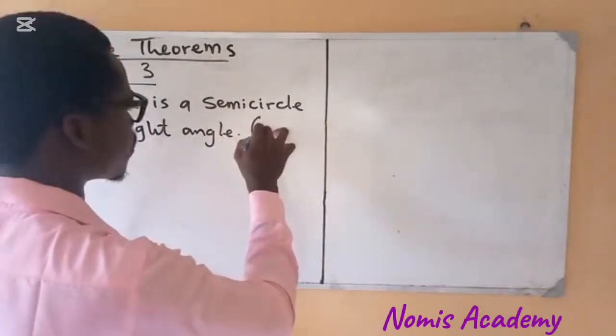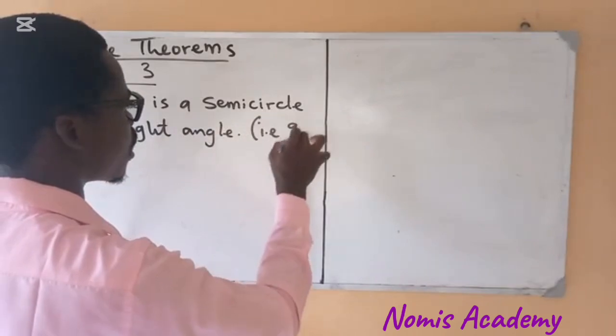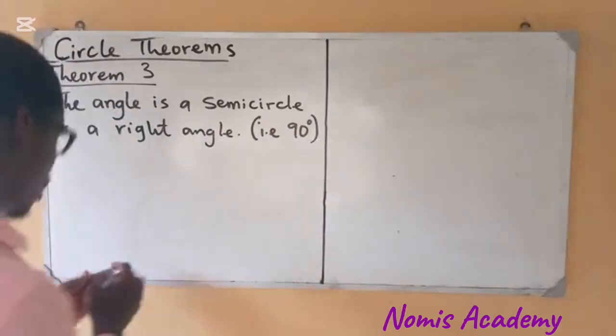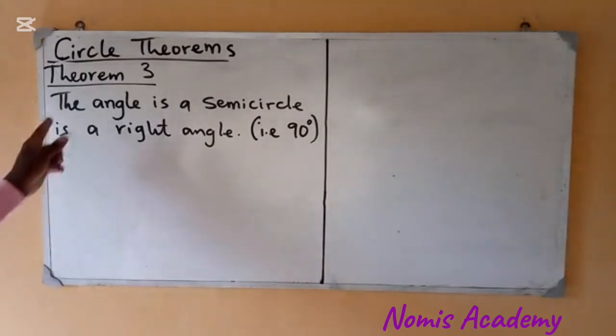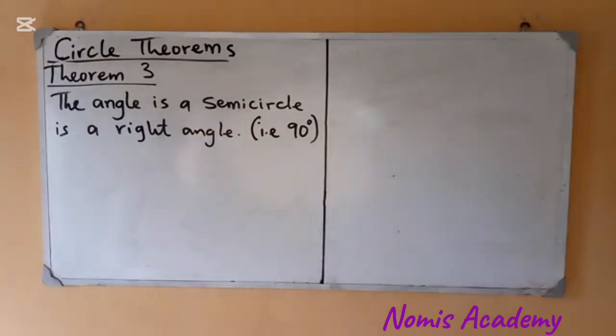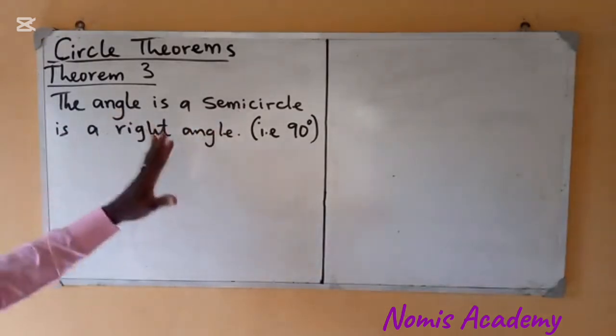That is 90 degrees. Okay, this is the theorem. It says that the angle in a semicircle is a right angle.